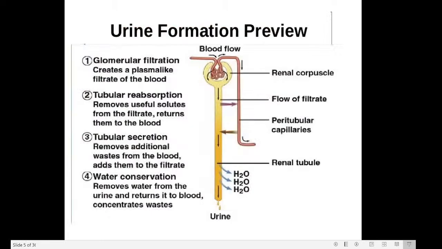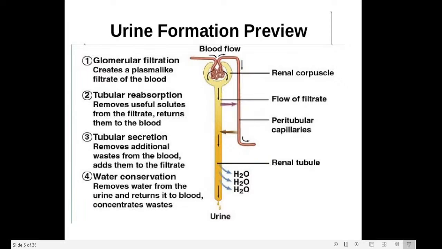Okay, then the major function is urine formation. How is it formed? The first one is glomerular filtration, which creates a plasma-like filtrate of blood. Then tubular reabsorption removes the useful solutes from the filtrate.